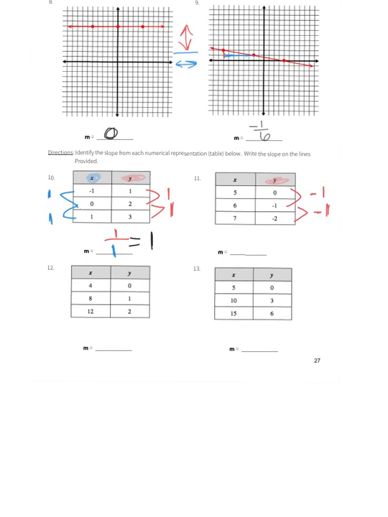We'll go to the other side, our x, and then find the change on this side. 7 minus 6 is 1, and 6 minus 5 is 1. So we can see here that our change, or our rate of change, or our slope, is -1 over 1.